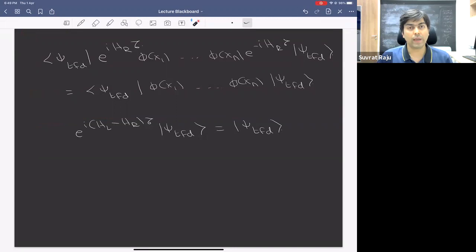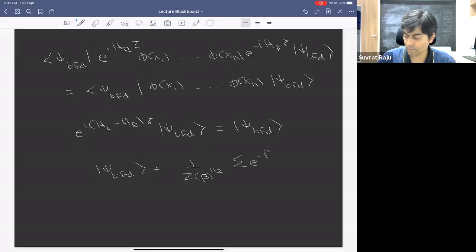Okay, so now let's take this equation and expand it out. Remember that the thermofield double state itself has an expansion. So let's say we act with e to the i H_R tau, or minus H_R tau.